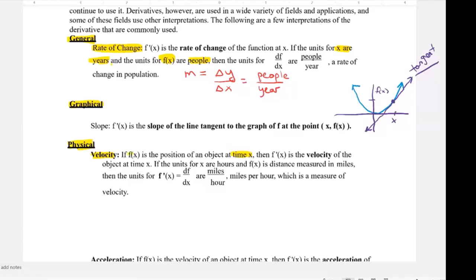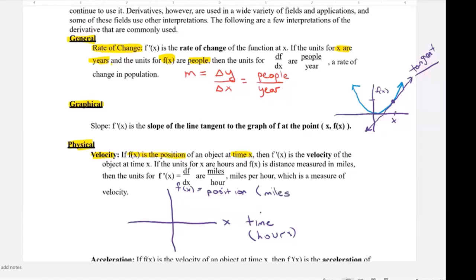It's also telling us f of X is the position. So the derivative is the velocity because, again, if I were to draw a graph, and I'm going to call this X, is time. The time they're using in this example is hours. And then we have f of X, which is position. And position is in miles.